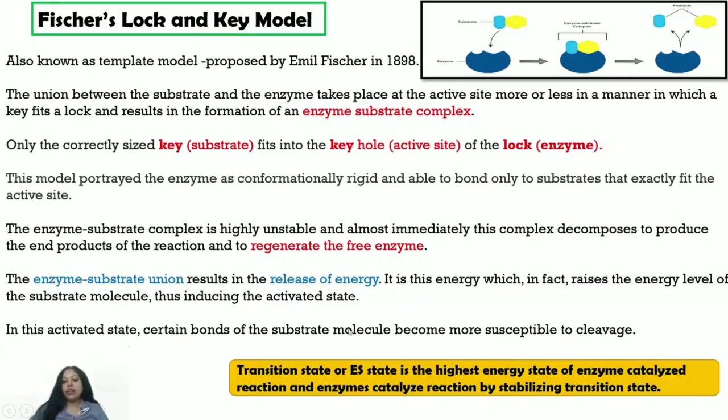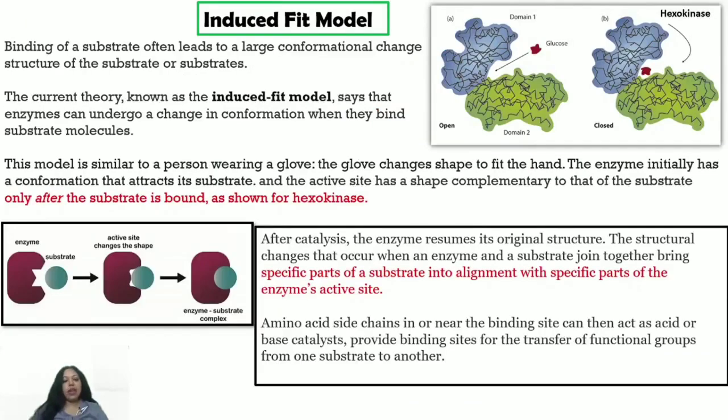You need to be very, very clear on this point, that it is the transition state which is the highest energy state, and enzymes efficiently catalyze the reaction by stabilizing the transition state, and this can be done by releasing free energy, correct? And when in the activated stage, certain bonds of the substrate molecule become susceptible to cleavage and new bonds are formed, which results in the formation of products, correct?